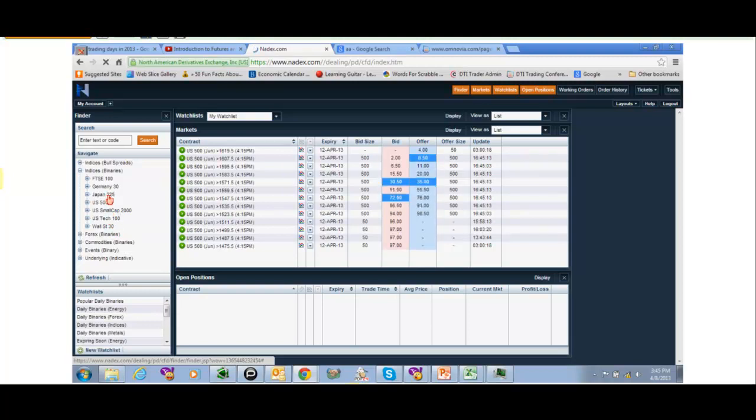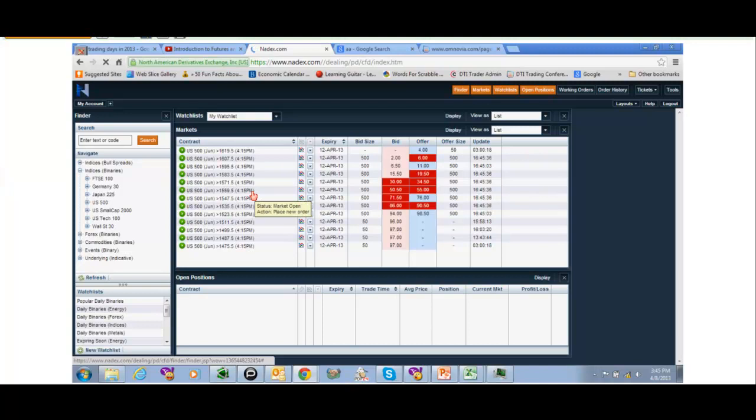Japan 225, the Germany 30, and the FTSE 100. So basically, the FTSE, the DAX, the Nikkei, the S&P 500, Russell 2000, the Nasdaq 100, and the mini Dow futures. So all that's going to be based in here.